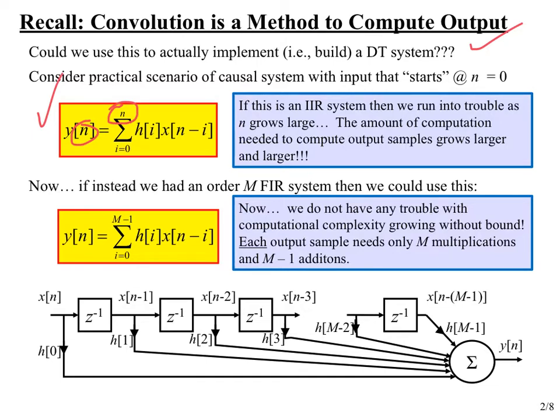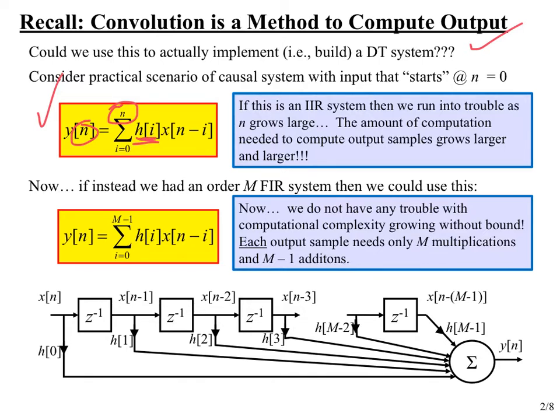We are constantly adding in one additional term as n gets bigger, to include farther and farther out into the impulse response.